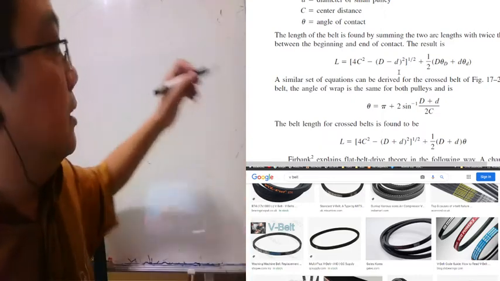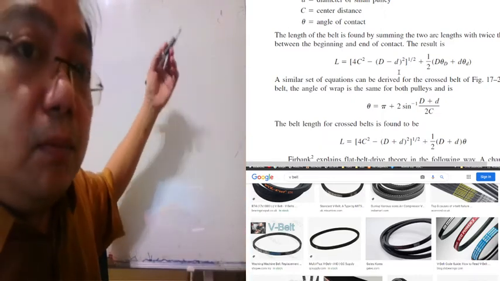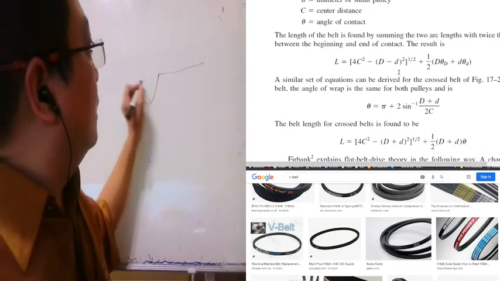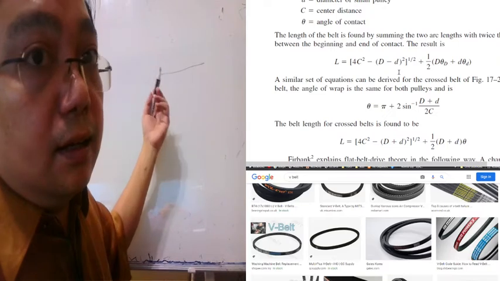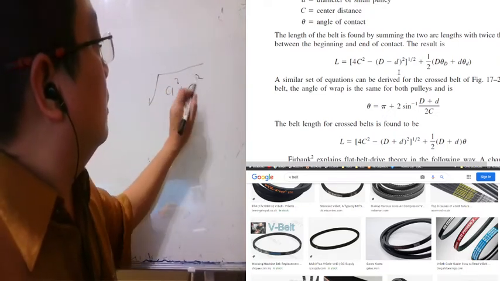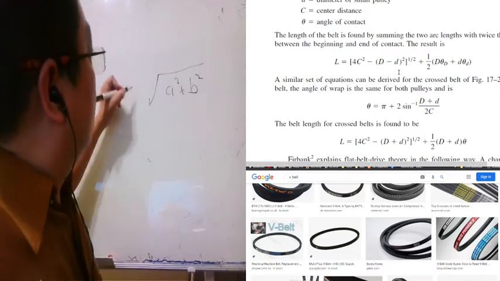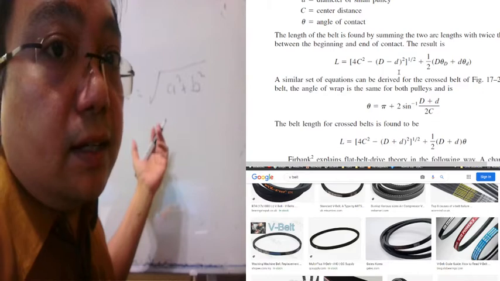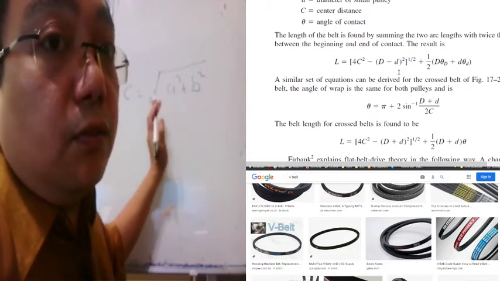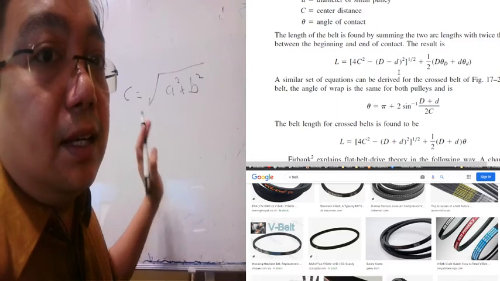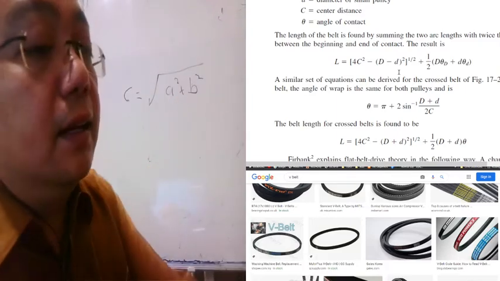Remember, it is just like the Pythagoras theorem equation. You should remember this form is from the Pythagoras theorem when you learned it in your mathematics class. So like that.